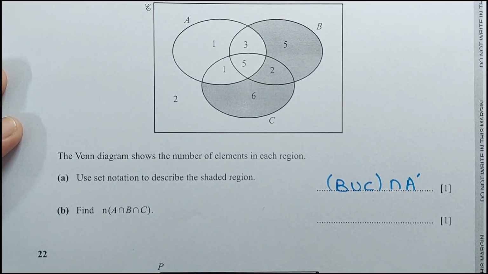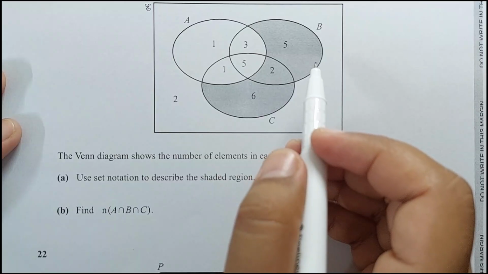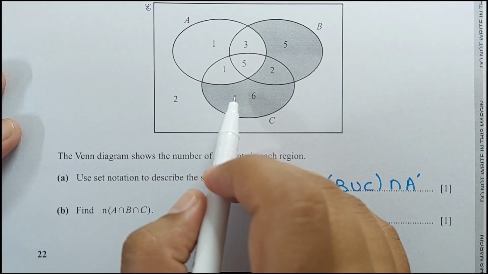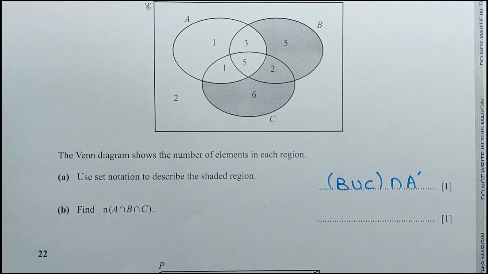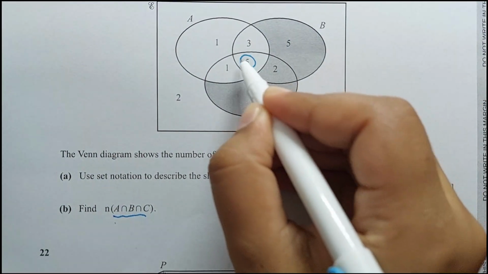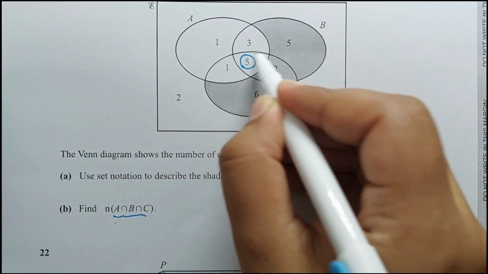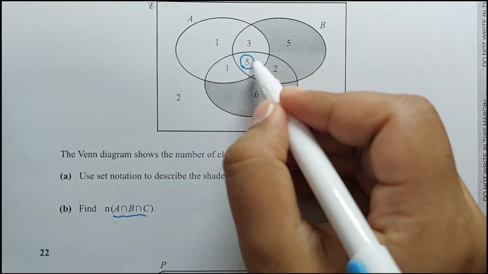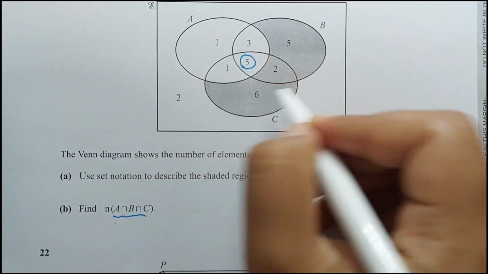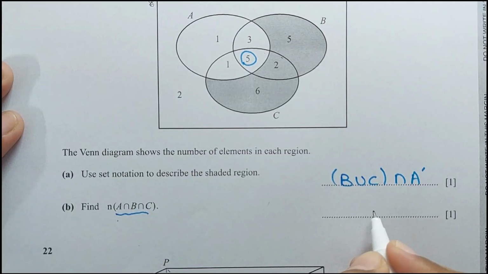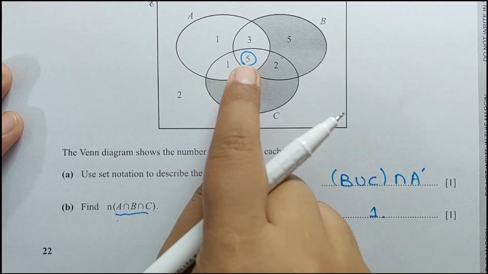Part B, find the number of elements in A intersection B intersection C. Okay, A, B, and C. Now you can see A intersection B intersection C is this region. It includes B and includes C as well, all three sets, A, B, and C. So there is only one element, but the marking scheme says 5.